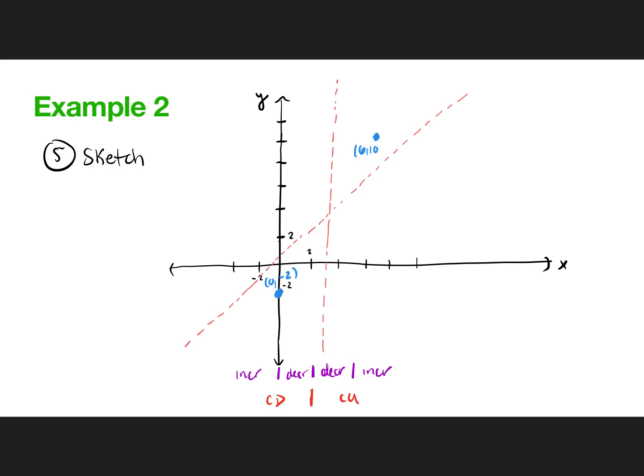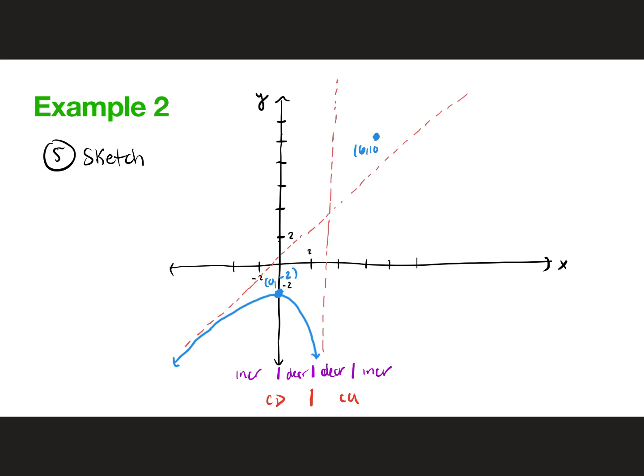So we know for very negative values of x we will be very close to this line, our slant asymptote. We're going to be increasing in a concave down way until we reach our local max. And now we start decreasing, still in a concave down way, and we approach our vertical asymptote.